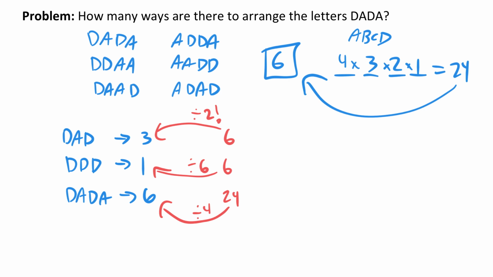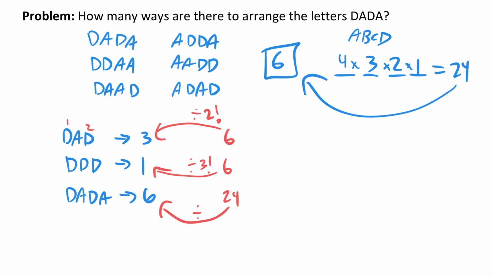Dividing by 6 is actually dividing by 3 factorial. Now dividing by 4, let's pause on that one because 4 isn't a factorial. But so far, we've got a 2 factorial that we have to divide by, and we've got a 3 factorial. And I think this makes sense because there's 2 of the same letter.